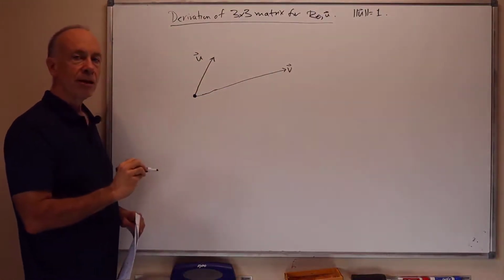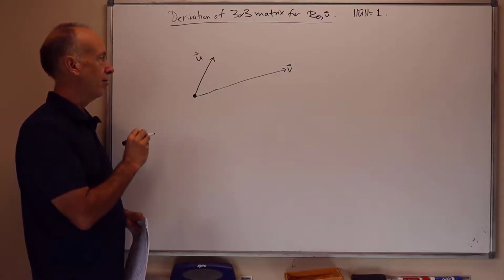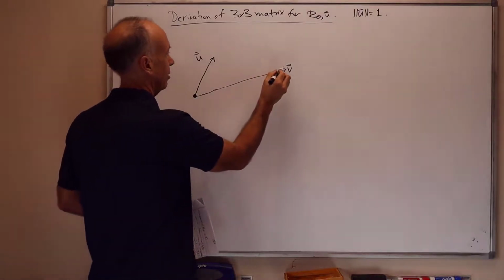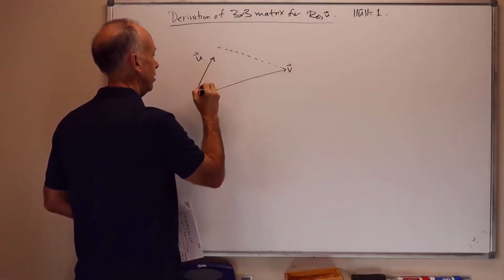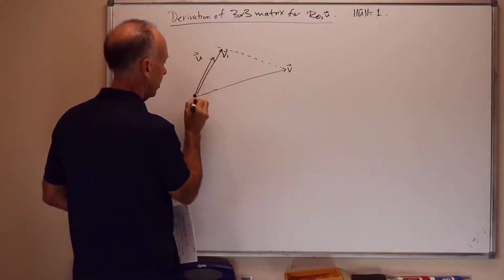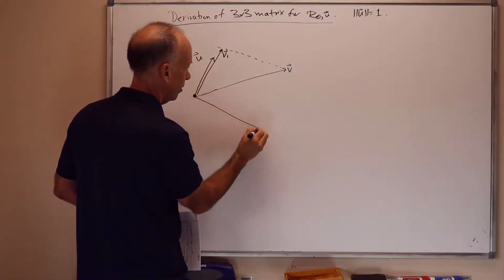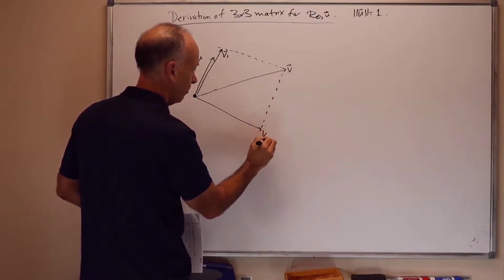We're going to start by breaking v up into its parts that are parallel to u and orthogonal to u. So we're going to take the projection of v onto u, and we'll call that v1, and then we'll take the orthogonal component, and we'll call that v2.